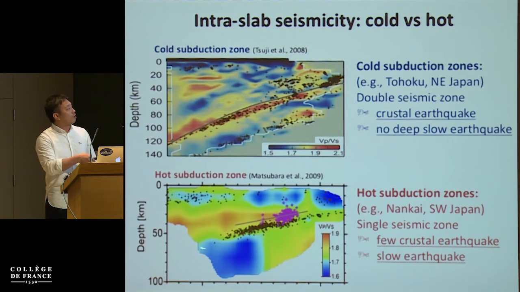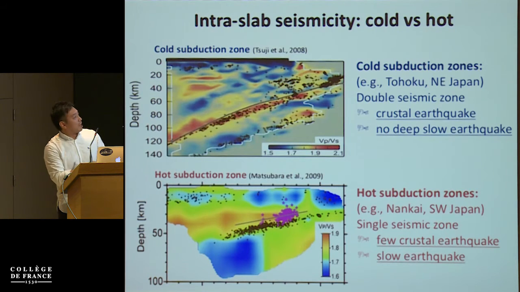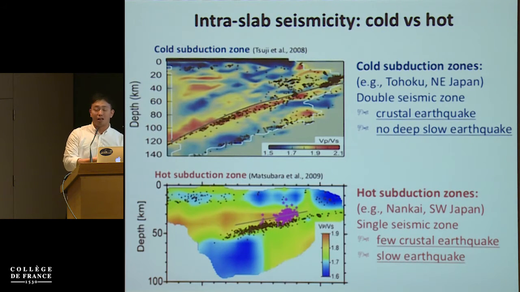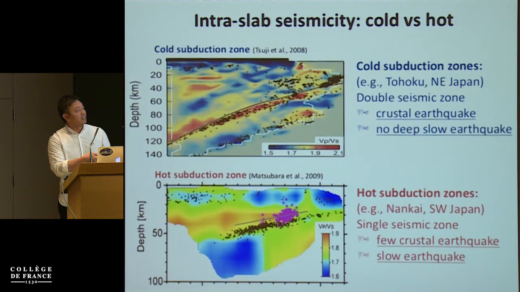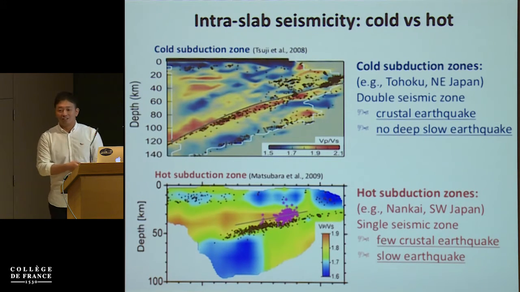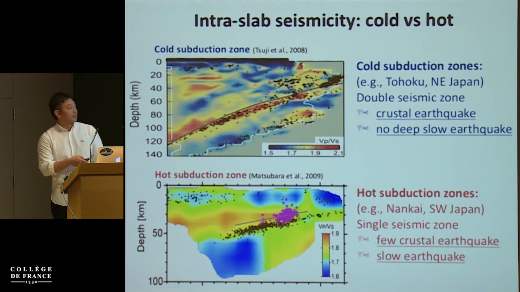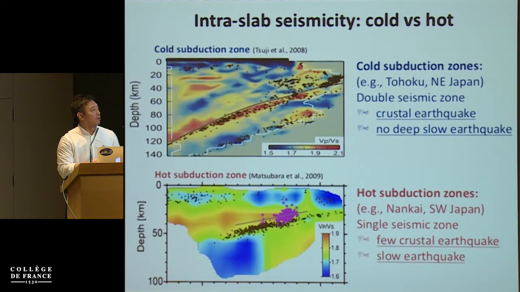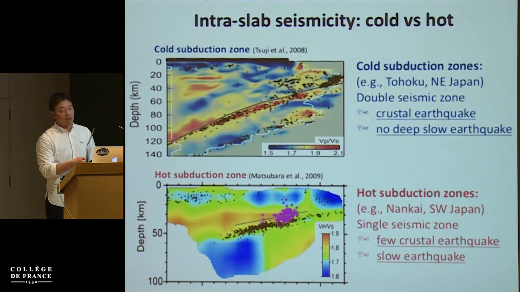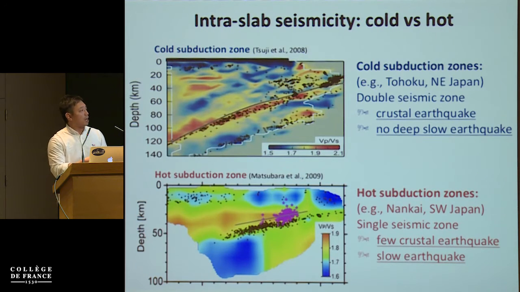On the other hand, hot subduction zone is the extreme end member. For example, here is the Nankai subduction zone. Both are in Japan, but they are very different. Cascadia is almost the same. At a hot subduction zone, we have just a single seismic zone, but we have these pink dots showing hypocenters of slow earthquakes.